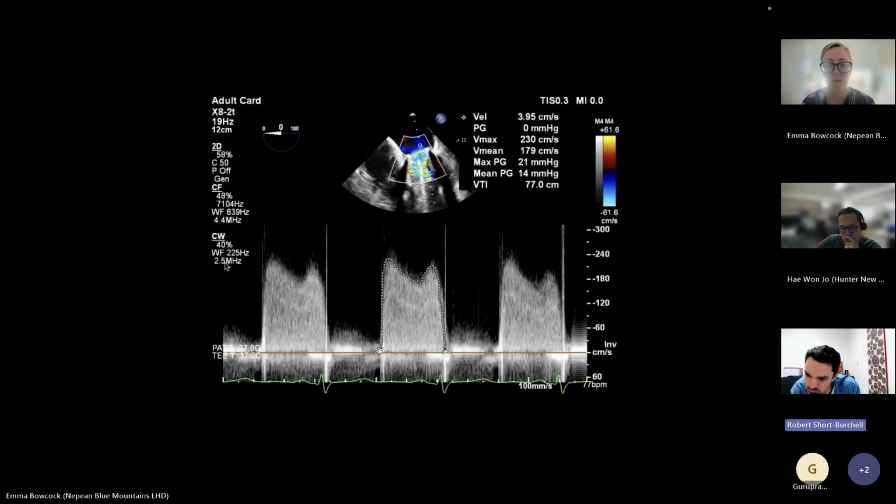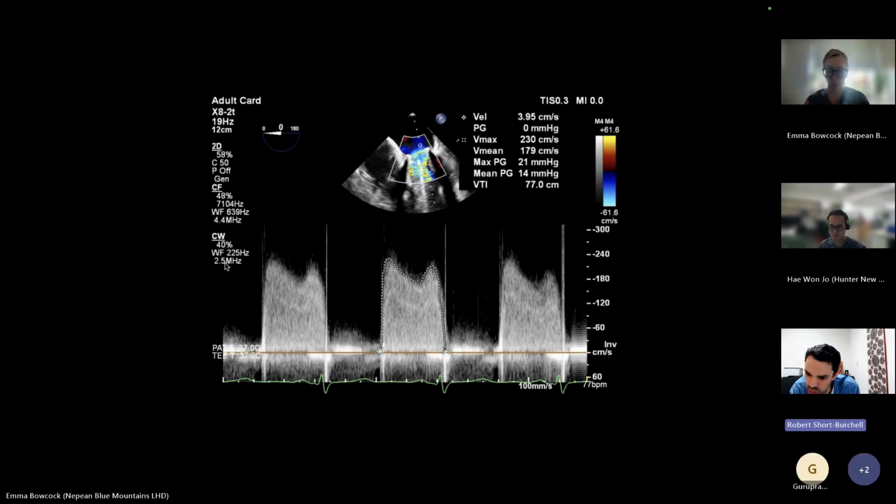Yep. So this is continuous Doppler with a mean gradient across that valve, 14. So I would say, and what was the heart rate? I didn't catch, sorry. It says 77, so less than 80. So we've got a bileaflet mechanical mitral valve with an elevated mean gradient at a heart rate less than 80 and 2D evidence of one of those leaflets not moving.